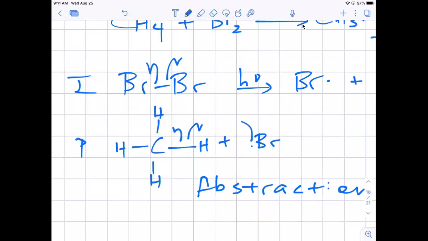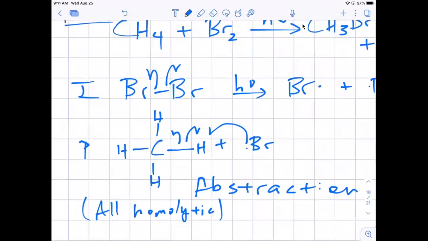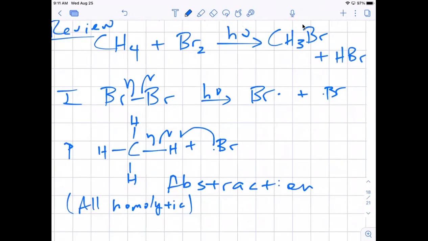Everything here is homolytic, one electron. If you remember that from part one, homolytic means when you break a bond, both atoms get one electron. Heterolytic, you break it and one atom takes both electrons. So here, you homolytically cleave the CH bond with a bromine, and you end up with HBr and then a new radical, a CH3 radical.